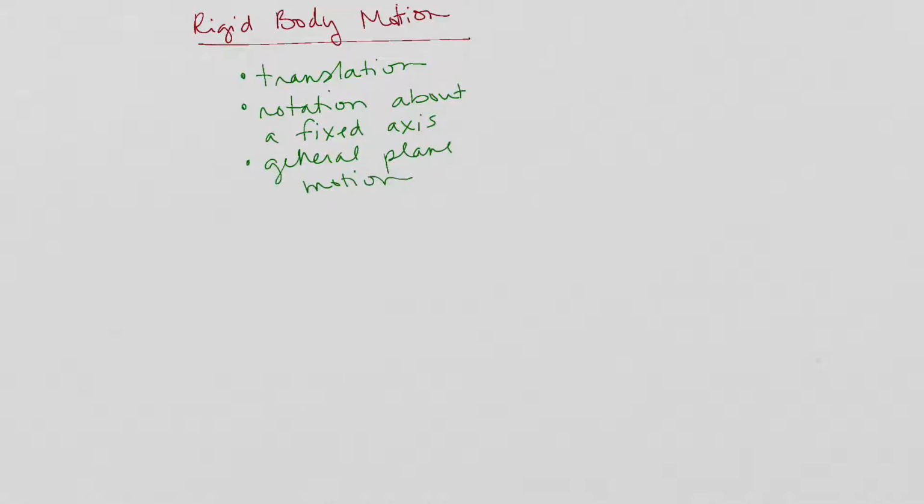And we can do these both in 2D or in 3D, and for 3D we'll just do the general plane motion and rotation about a fixed axis. The translation will only be in 2D.